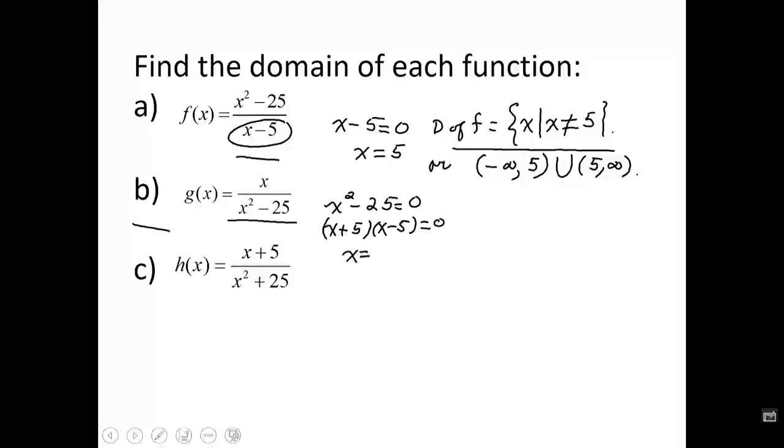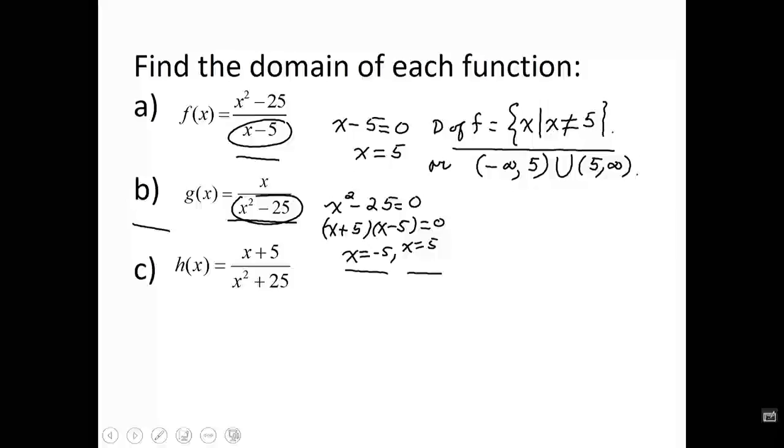So x is equal to negative 5, x is equal to 5. So the denominator x squared minus 25 would be 0 when x is negative 5 or when x is 5. So therefore, we must exclude negative 5 and 5 from the domain of g.